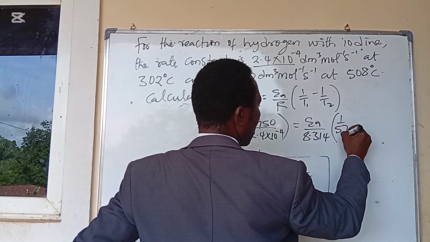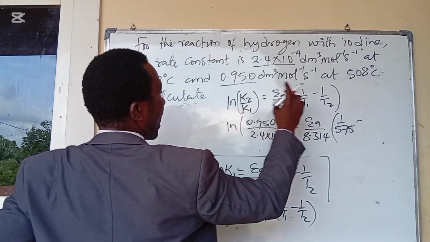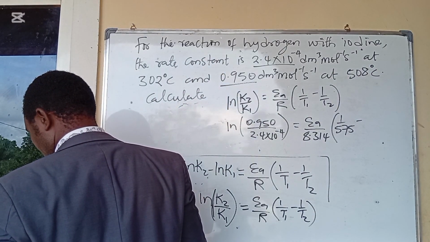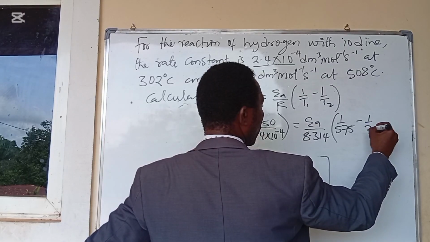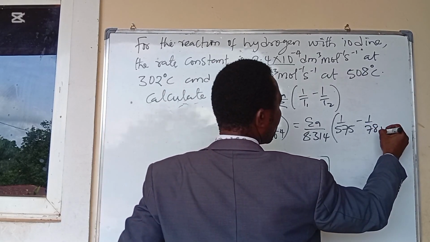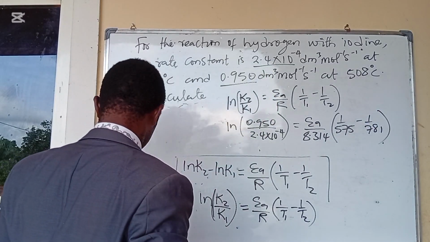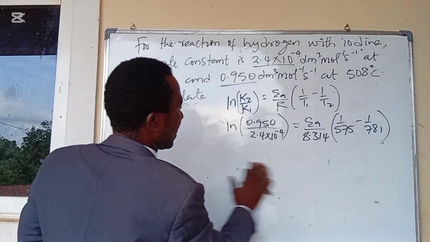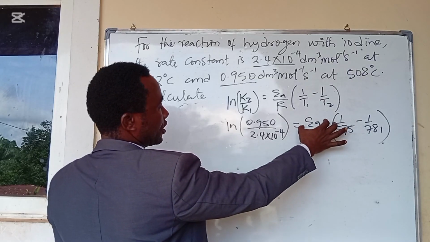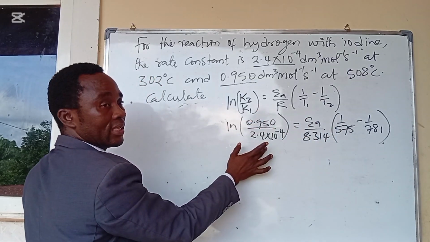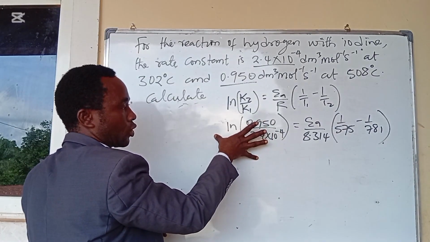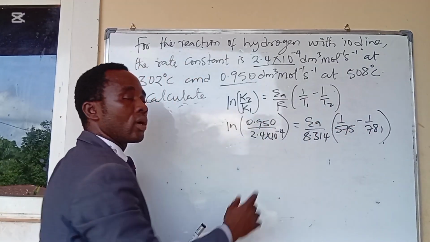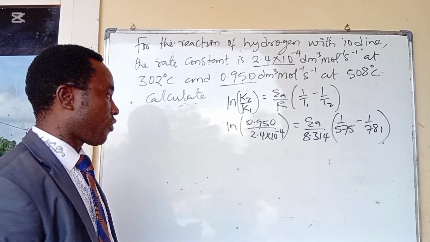That is 1 over 575 minus 1 over, when we add 273 to 508, the value I'm having is 781. The only thing left is the activation energy. If you divide this over this and take the natural logarithm, it will give you a value. Then simplify and make activation energy the subject of the formula.